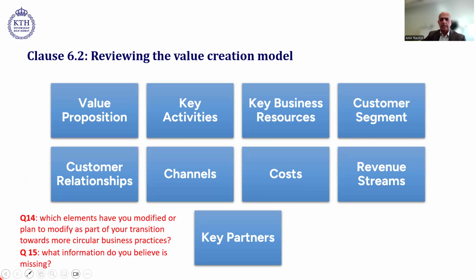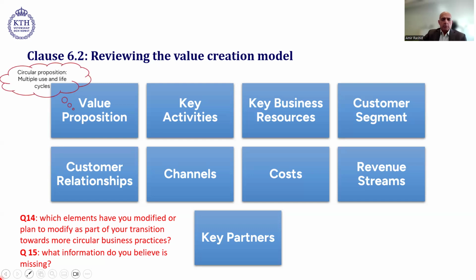So these are the 9 elements of the business model canvas, as most of us, I hope, are familiar with. Value proposition, in our opinion, is in the driving seat here, right? This is something that actually drives everything. All the other 8 elements of the business model canvas are driven by value proposition.